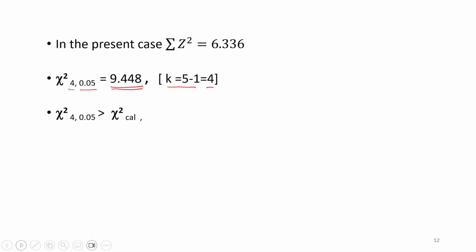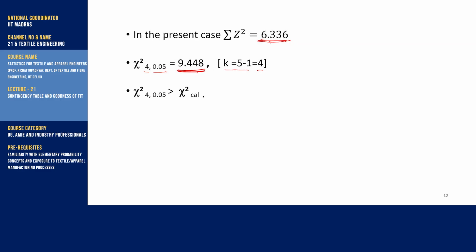Now what we find is that the chi-square calculated value is this much, and the chi-square at the 0.05 level of significance is this. So the 6.336 is the observed, and this is what we get from the table.